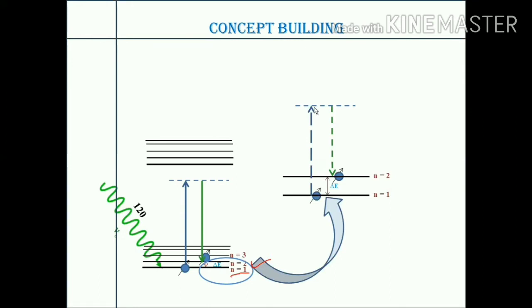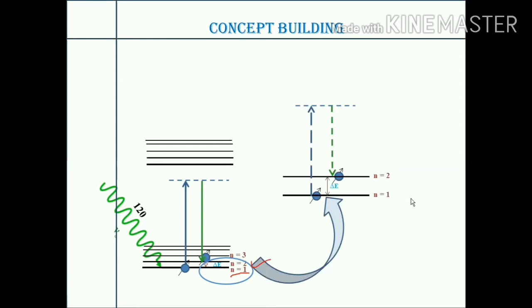Now when it has returned back from the virtual state, it has emitted this much amount of energy. So this energy gap between the two energy levels is represented by delta E that we had mentioned in our previous slide also.